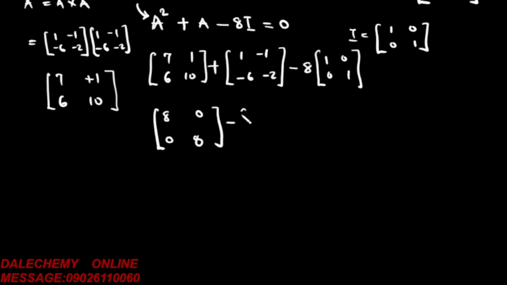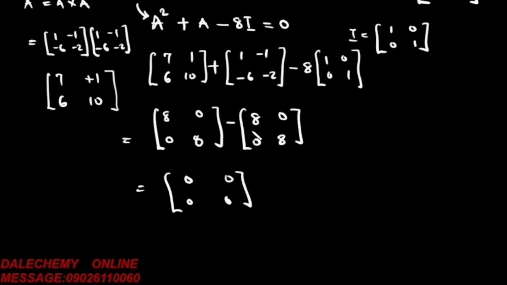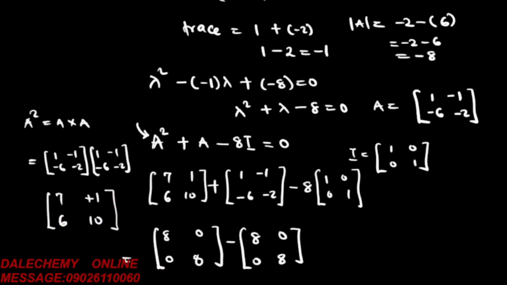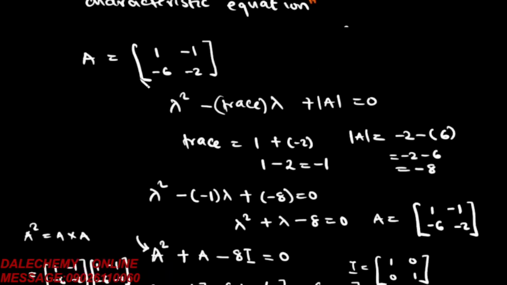Then minus, when you multiply 8 with the identity, we have 8, 0, 0, 8. So when you subtract, all you have is 0 minus 0, 0 minus 0, 8 minus 8. So that means this gives 0. So it means that one of the roots of the characteristic polynomial of this matrix is the matrix itself.